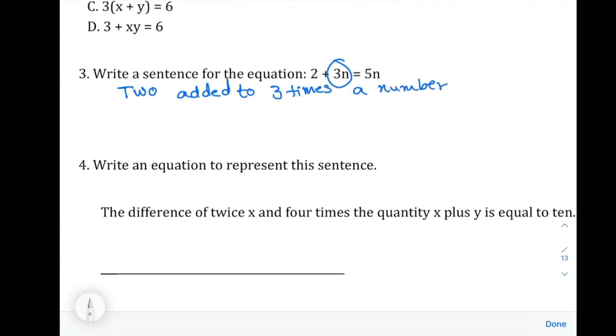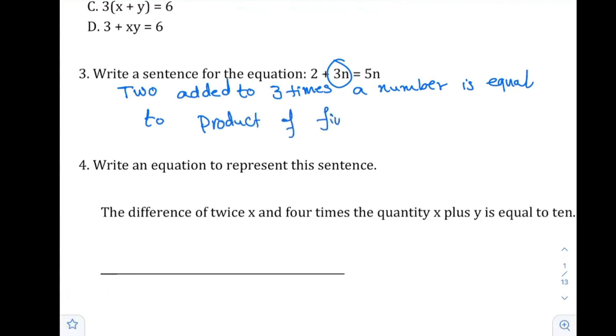Is the same as, is equal to, is identical to. Five times n, or you can say product of 5 and n. We have many ways to translate that.